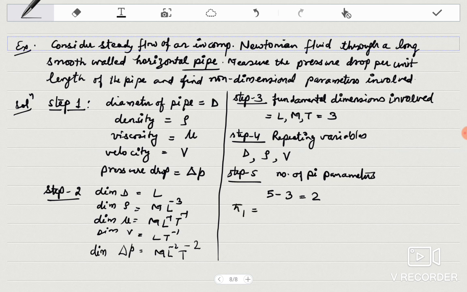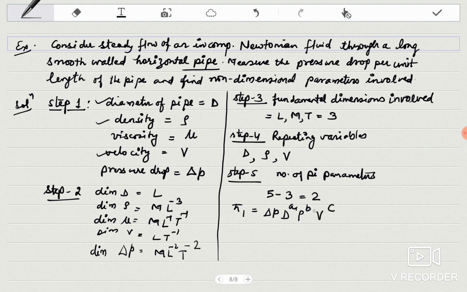Pi 1 is equal to, this I have chosen, this I have chosen, this I have chosen. So I may write pi 1 with respect to mu, or I may write pi 1 with respect to delta P. Suppose I write delta P, then D raised to the power a, rho raised to the power b and V raised to the power c.